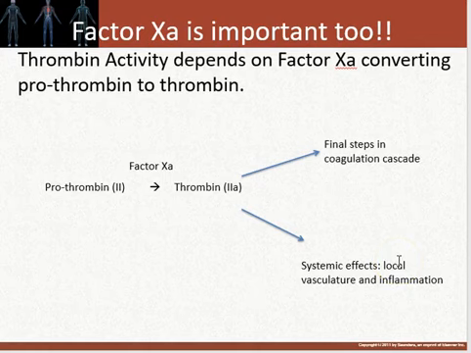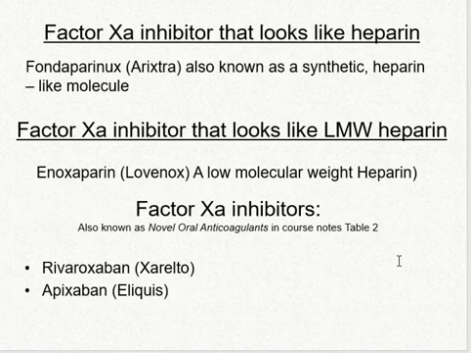as well as promotes inflammation. So there's another sub-classification scheme you should be aware of, and this relates to the ability of these drugs to, one, inhibit factor 10A, but then two, what they look like structurally. Fondaparinux is a factor 10A inhibitor that looks like heparin.